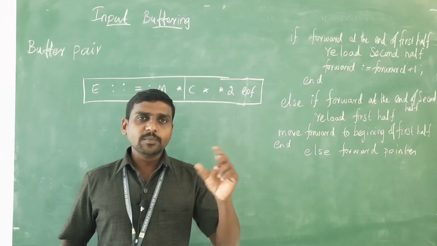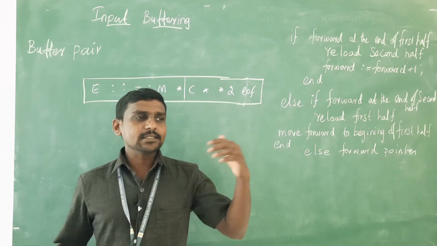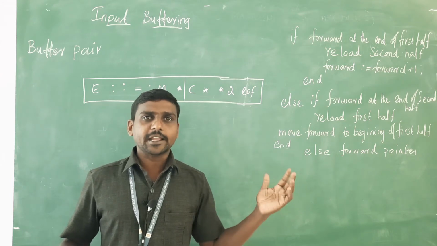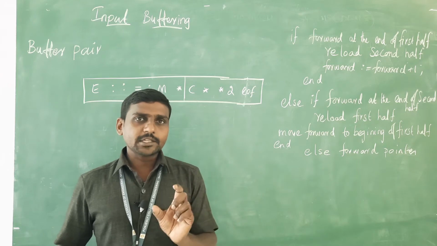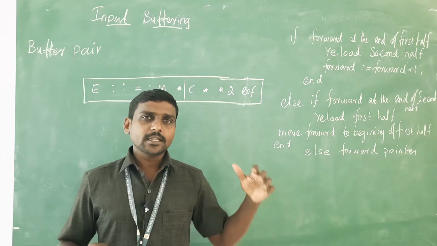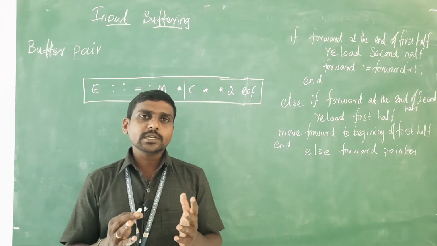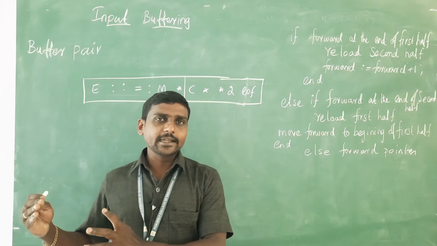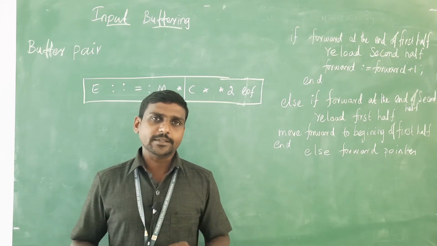Whenever the parser needs a token, it asks the lexical analyzer using a keyword called get next token. Once the lexical analyzer receives that keyword from the parser, it sends the next token.